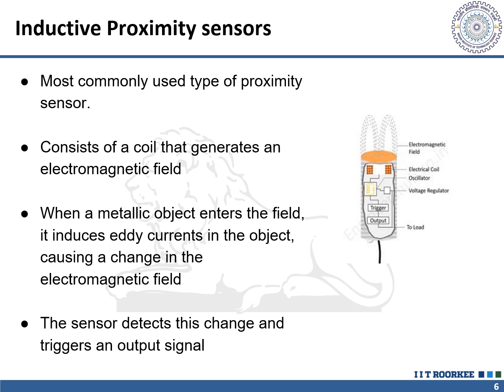When a metallic object enters the field, it induces eddy currents in the object, which causes a change in the electromagnetic field, as you can see in the figure. When there is a change in the electromagnetic field, the voltage will vary. The sensor detects that change and triggers the output signal.